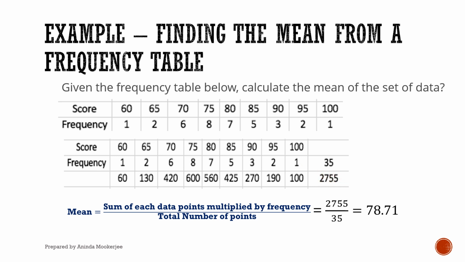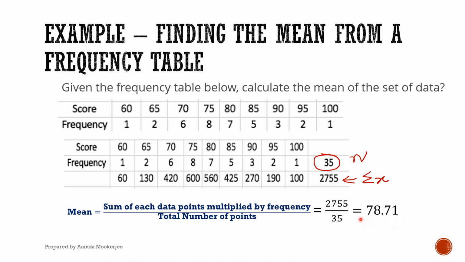So the value here, 2755, is our sigma x. And the sum of the frequencies, after we add up all these individual frequency values for each score, is what your n is going to be. And then when you find your mean, you're going to divide 2755 by n, which is 35, for a value of 78.7.